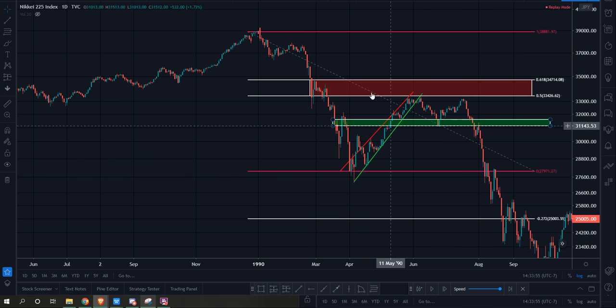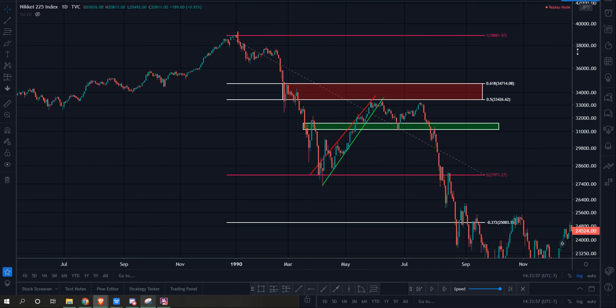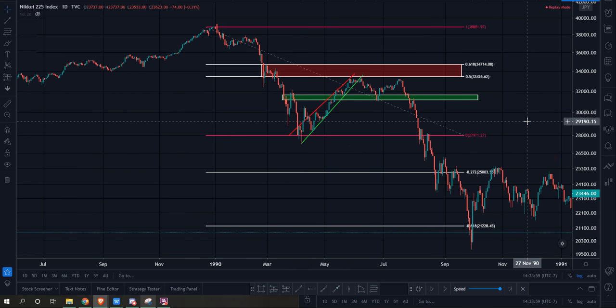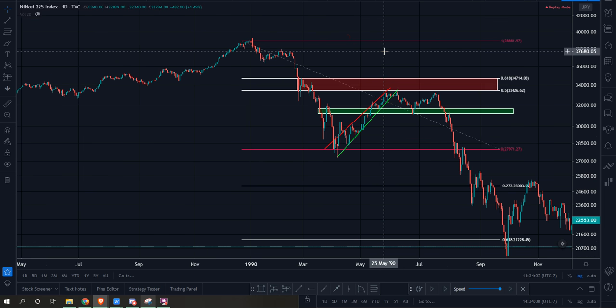So looking at how this actually played out, we can see that we can still have a bearish bias even if we see a little bit of momentum back to the upside, because in previous economic situations that we've backtested in the past, this is somewhat common.